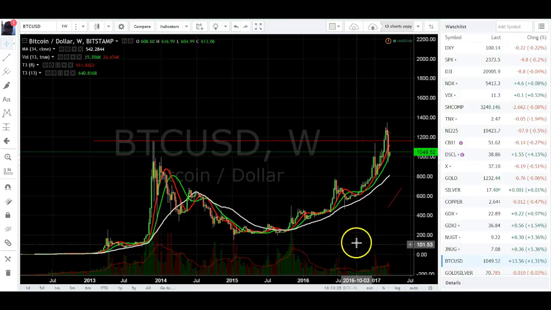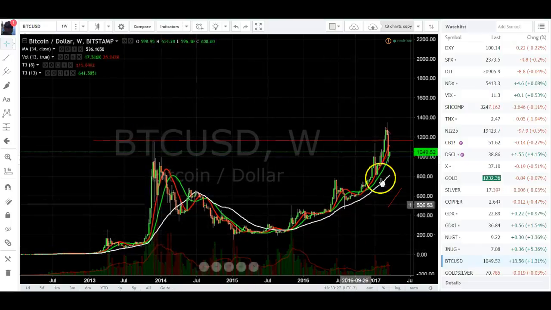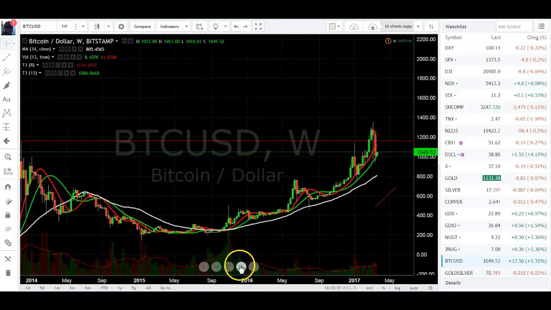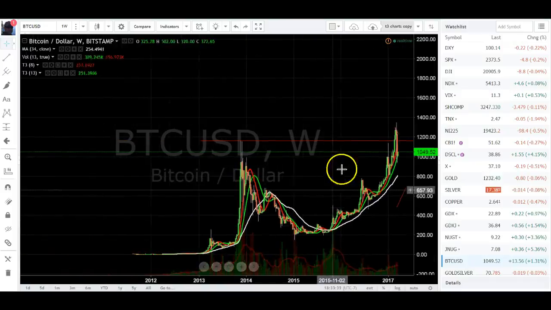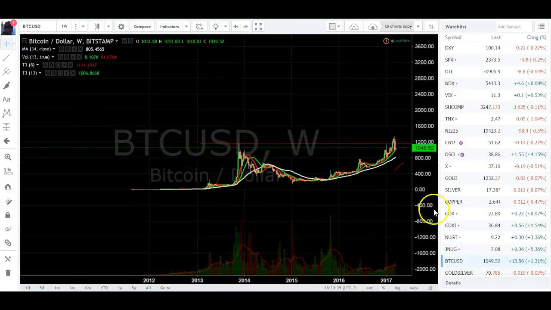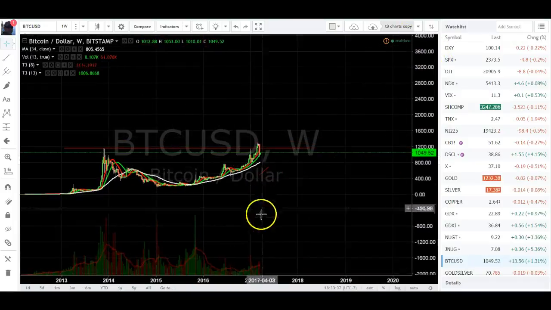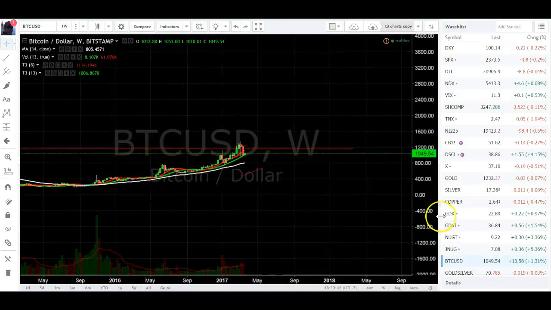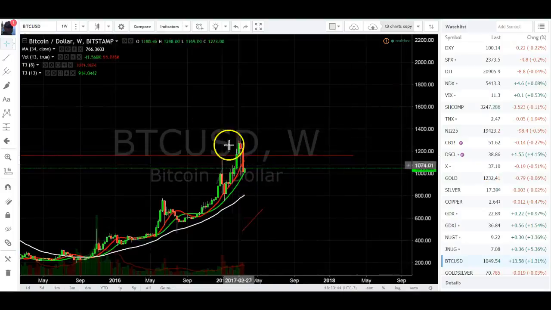It'll be pretty awesome to see a huge cup and handle like that, with a flat top break coming through. So far, we're bouncing for the week.